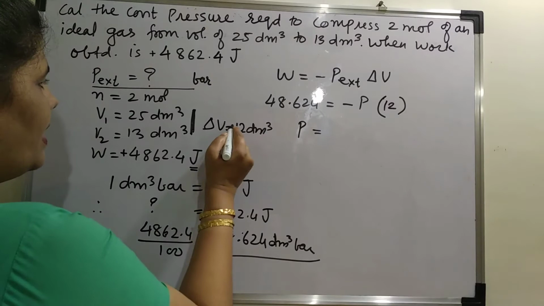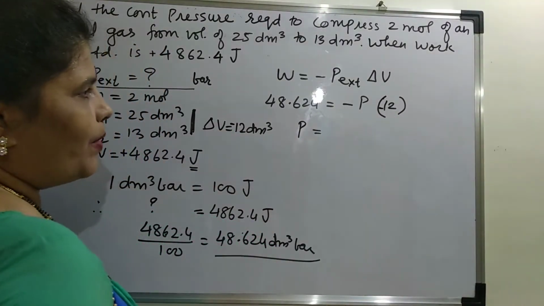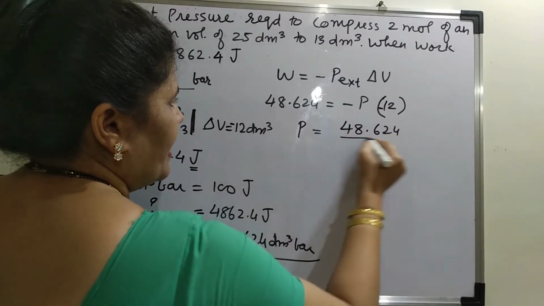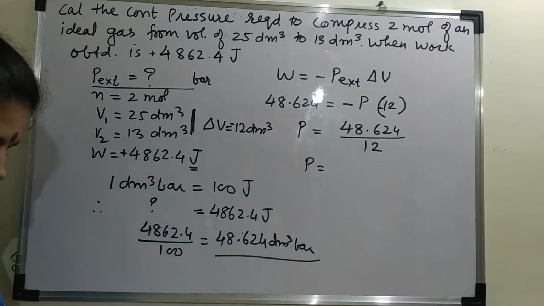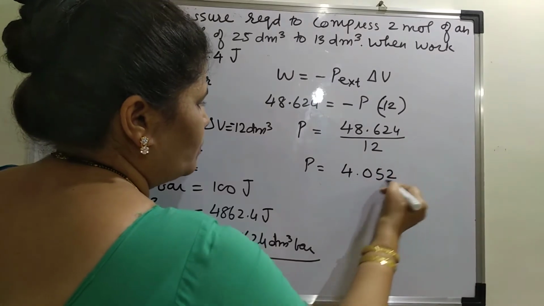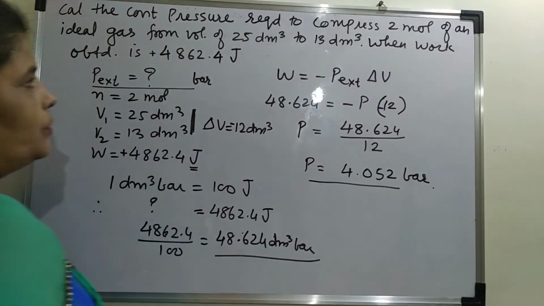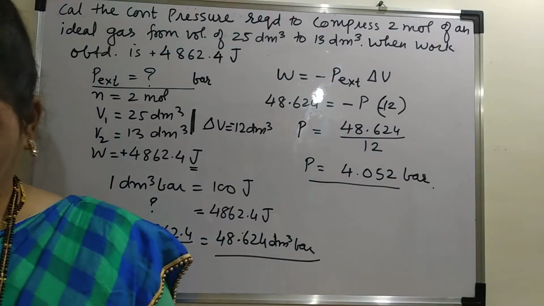Yes, this will be minus 12 here, so minus and minus will become positive. So P external is 48.624 divided by 12. If you simply divide this by 12, you will get 4.052. Now the unit here will be bar. So this is how you calculate this problem. Let us see the next problem now.